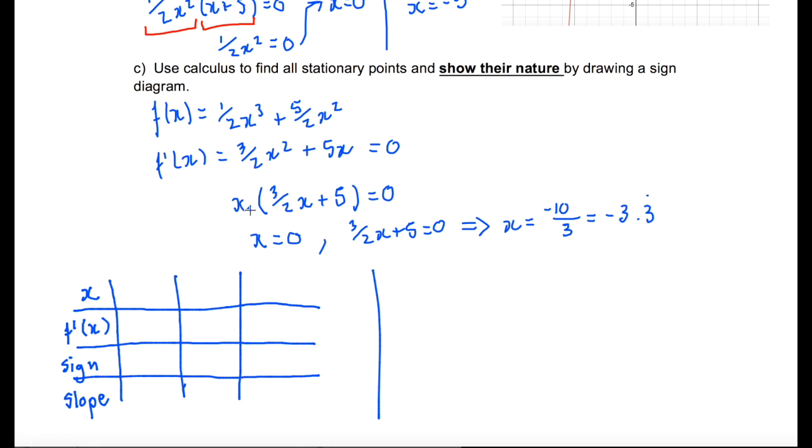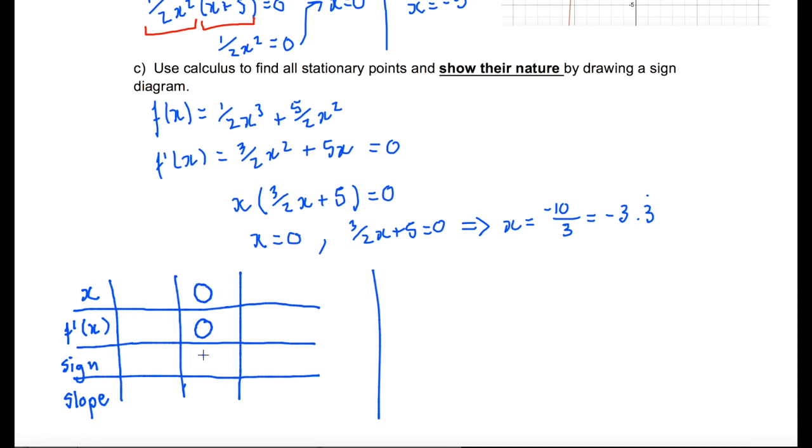Let's do 0 first. We know that at x equals 0, our derivative equals 0, because that's what we've set. So f dash of x at x equals 0 is 0, because when we solved our derivative equaling 0, we got x equals 0 as a solution.